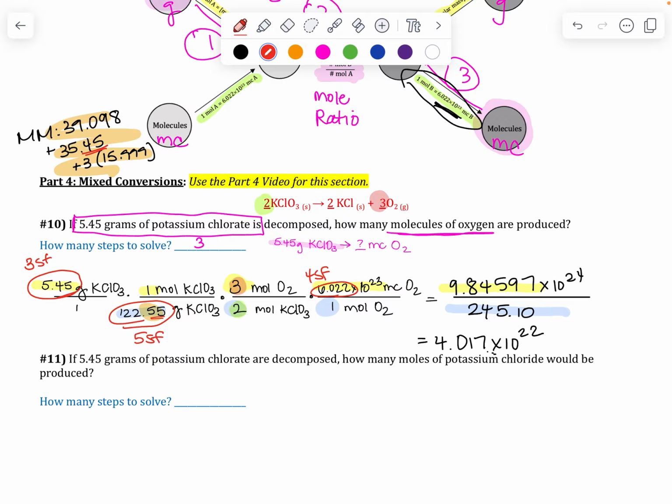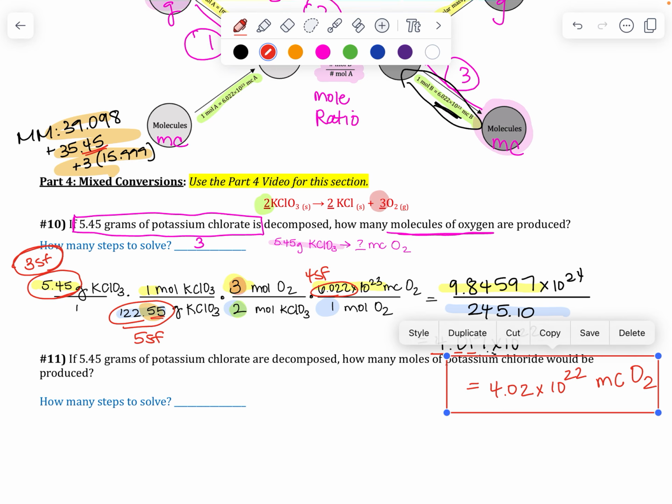And so 3 sig figs is going to be our smallest, so we're going to keep 1, 2, 3 sig figs. So my final answer is going to be 4.02. Don't forget that times 10 to the 22. And then we need to include units and what chemical this is. Because if we're doing stoichiometry, we could be talking about any of the chemicals that are in our reaction.